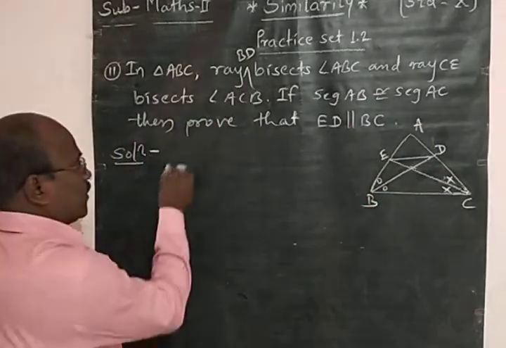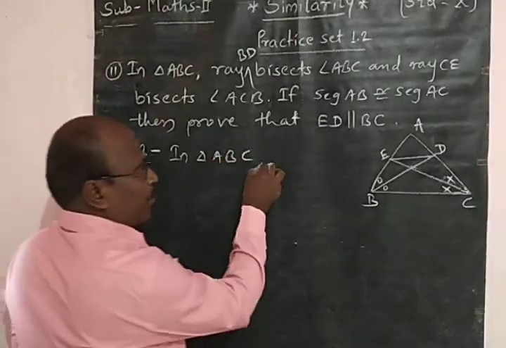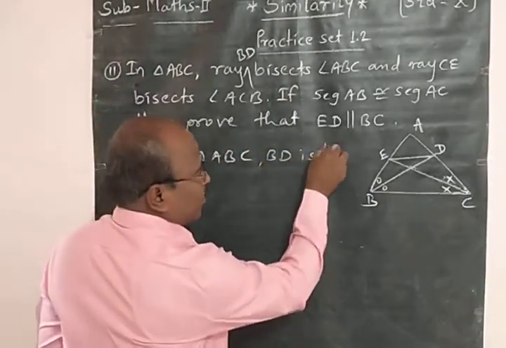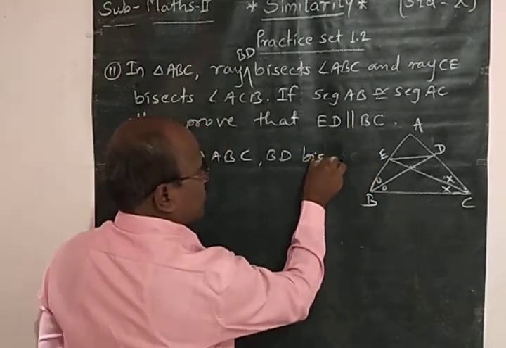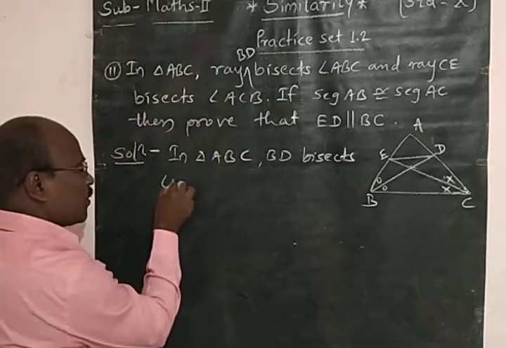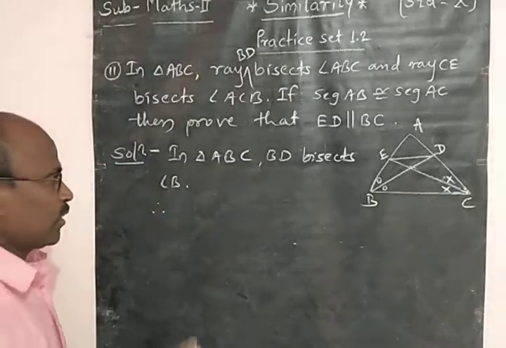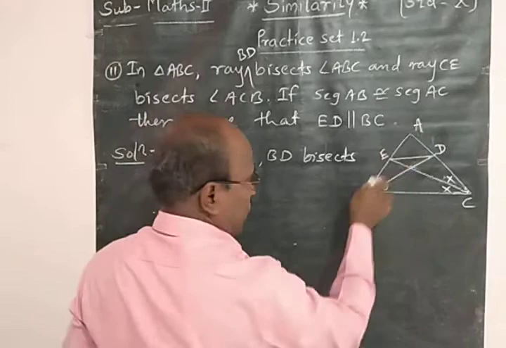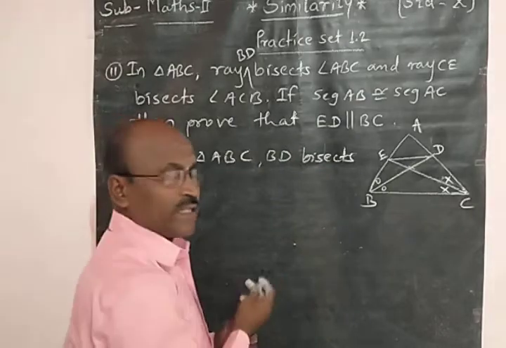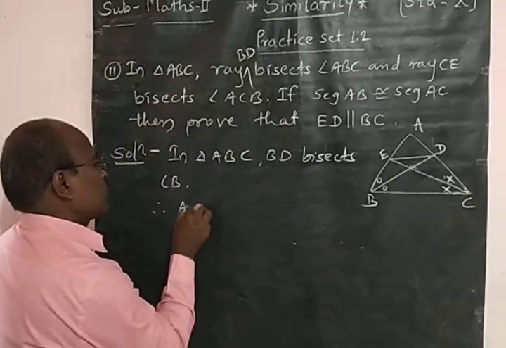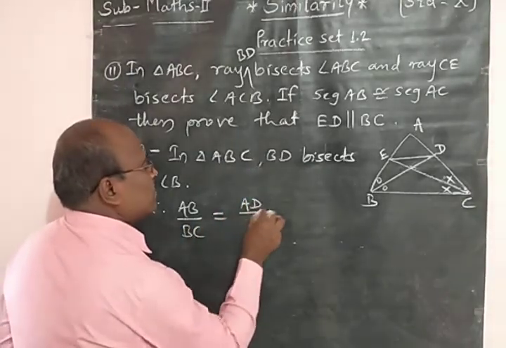So write, in triangle ABC, BD is the bisector, or BD bisects angle B. Therefore, use this one: AB upon BC is equal to AD upon DC.